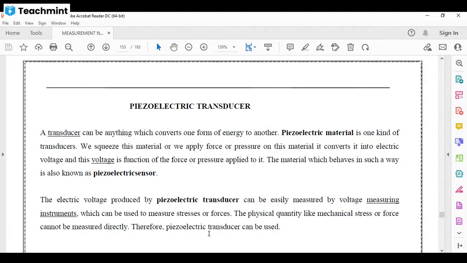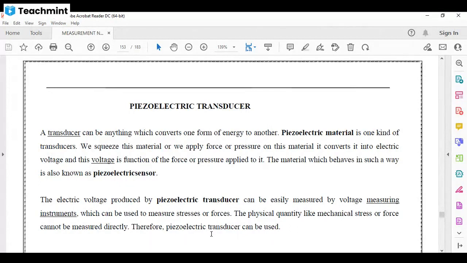So how can it be measured? The force is applied on the piezoelectric material, which produces a voltage, and this voltage is a function of the applied force or stress upon that material. So we can measure stress or force indirectly by using a piezoelectric transducer.